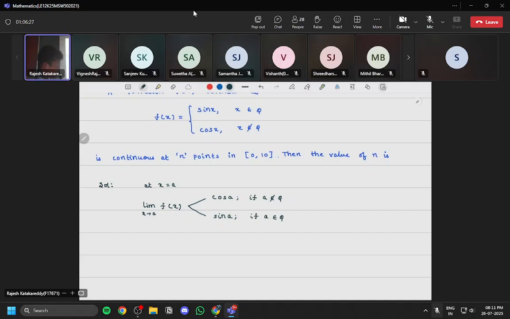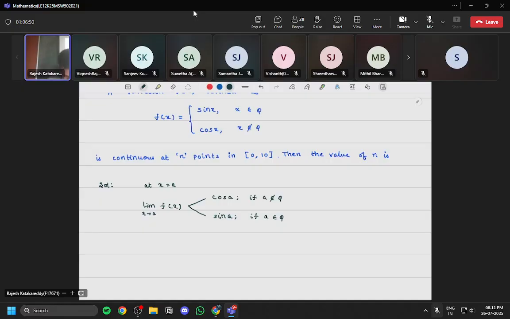Clear? When a is rational, if I take the right hand and left hand limits, in the neighborhood I cannot say anything. To say the function is continuous, the limits must be equal. Cos a must equal sin a. Those two possible values must be equal, no?